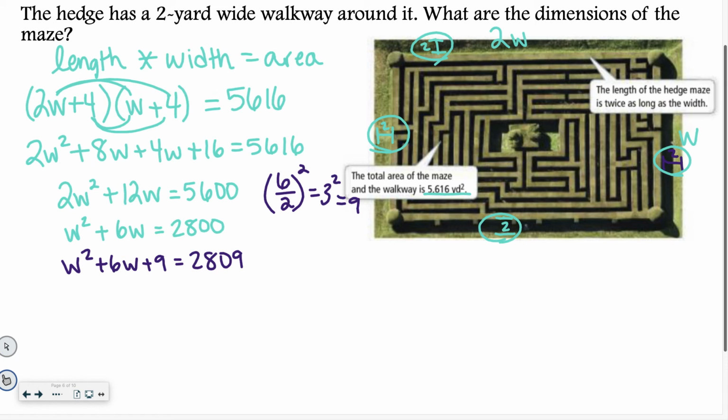Okay. Now that I have a perfect square trinomial on the left, I rewrite it as a perfect square binomial. So I say w plus half of b, which is 3, squared equals, and then I leave my 2809 for now. And I keep going from there.